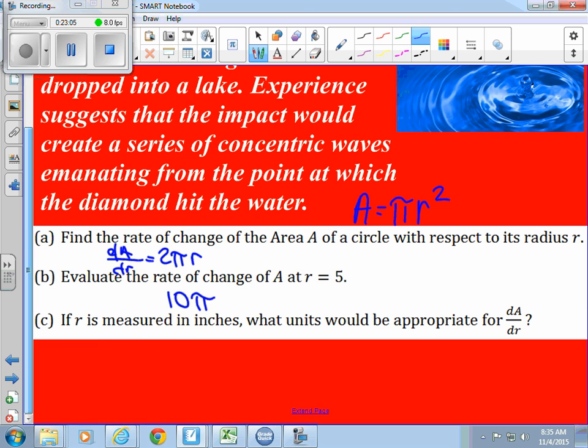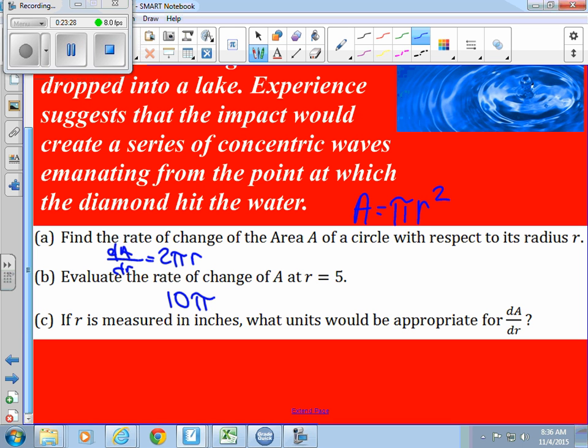If r is measured in inches, what would the appropriate units be for the rate of change of the area over dr? Well, remember it's y over x, right? Or in this case, A over r. That's where Newton's notation actually comes in quite handy, because you see what is the y value and what is the x value.